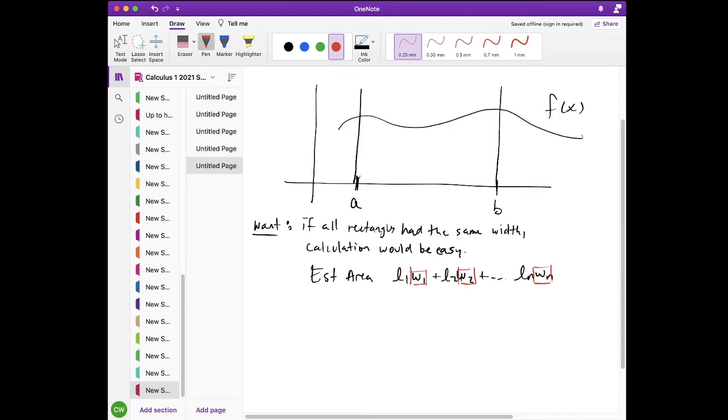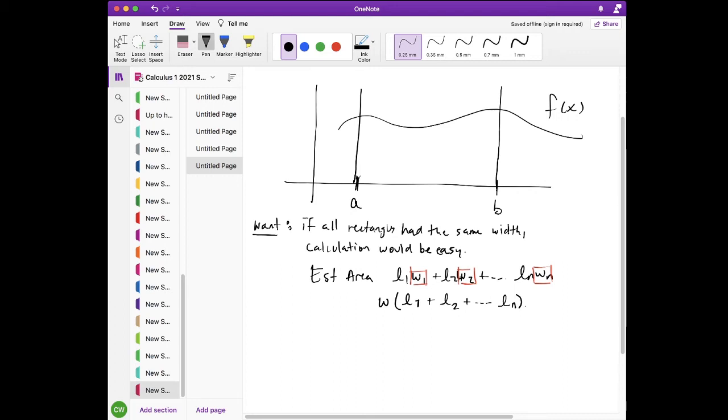Yeah, you can factor it out. So all you really need to figure out is what the lengths of your rectangles are. So that's what we're going to do. We're going to let all the widths of our rectangles be the same.